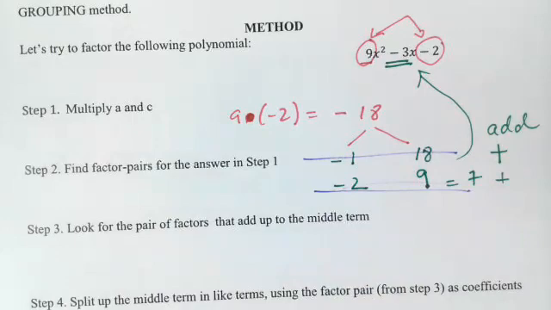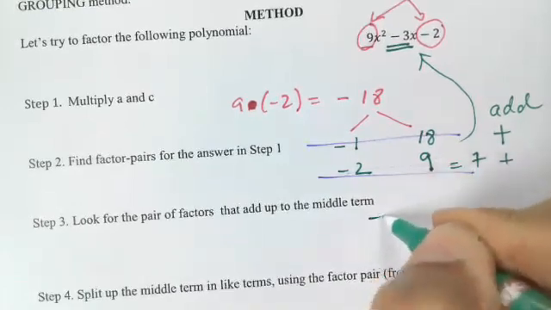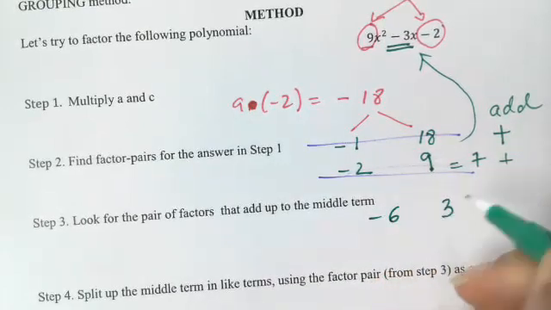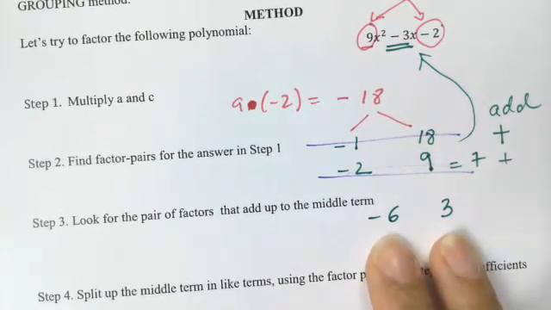If you can't find it, because you checked all the possibilities of the pairs, then you can conclude it is not factorable. But this one is factorable, obviously, because I'm trying to show you the method. So the pair that works is negative 6 times 3, right? Negative 6 times 3 is negative 18.